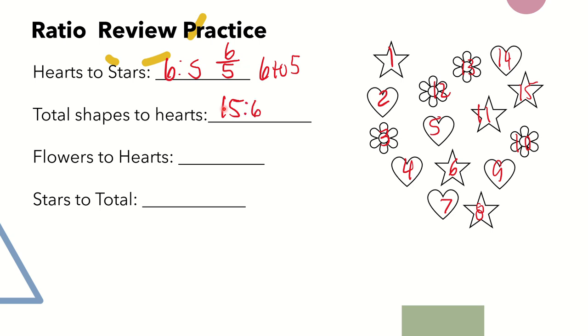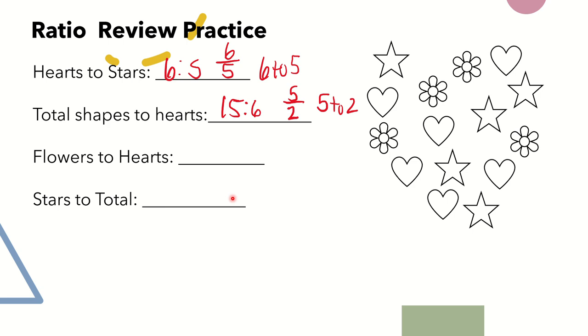In this case, we can simplify and reduce it. So what's a number that goes into both 15 and 6? 3. So I can go 15 divided by 3, I get 5. And then 6 divided by 3, I get 2. So in this case, it's telling me for every 5 shapes, at least 2 of those are going to be hearts. And I can go ahead and write it in the last form, which is 5 to 2. And we'll move on. Let's look at the next problem.